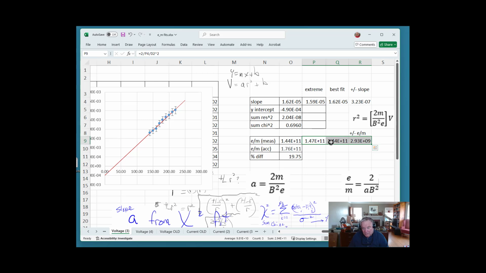And then the percent error equals the plus minus divided by the best fit times 100.